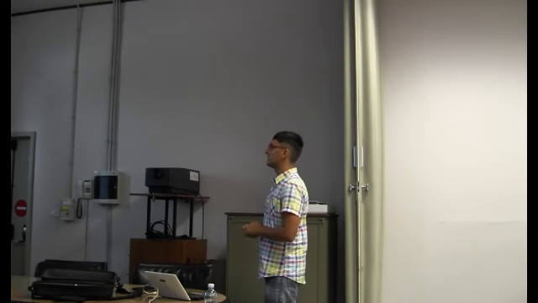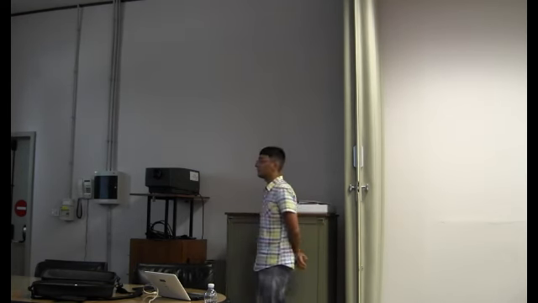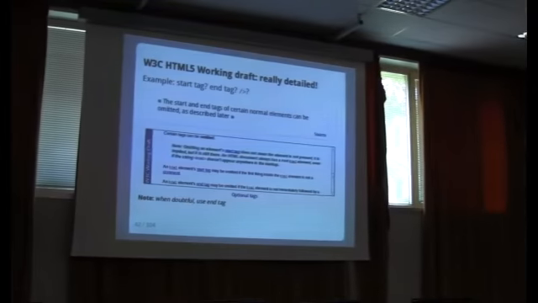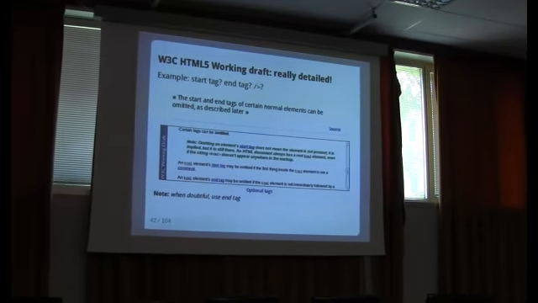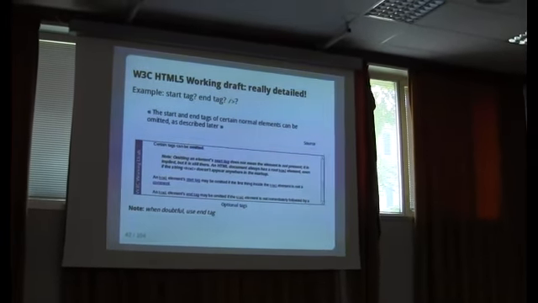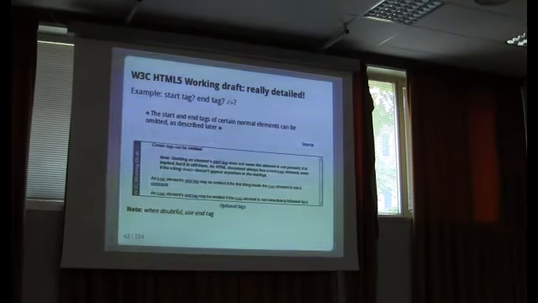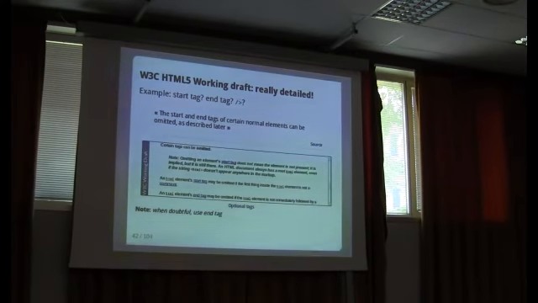Let's see some pieces of the specification, just to appreciate the level of detail. For example, one thing that could bother you as authors is, as I said before, some elements should only consist of the start tag. Which are these elements? The specification precisely responds to this question.